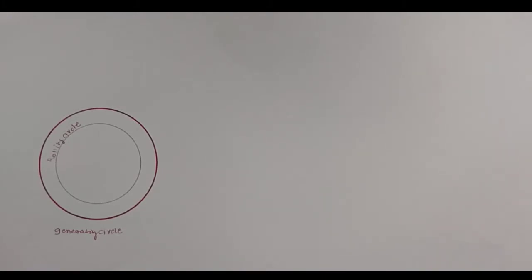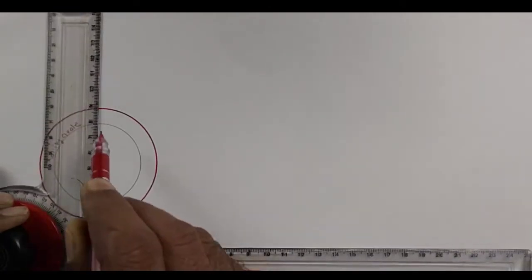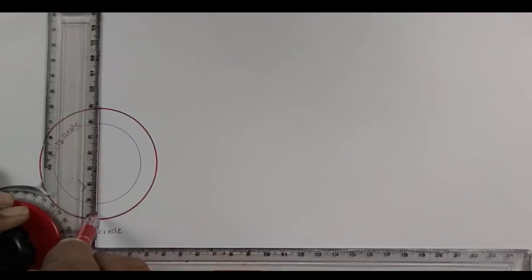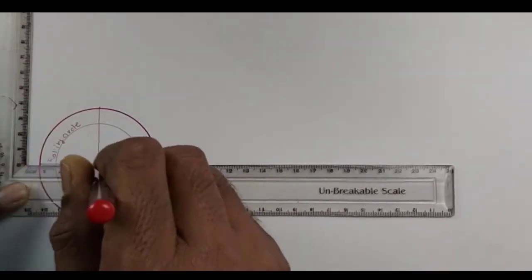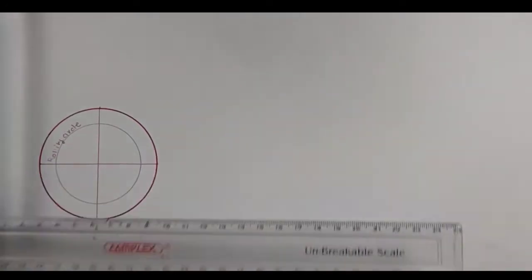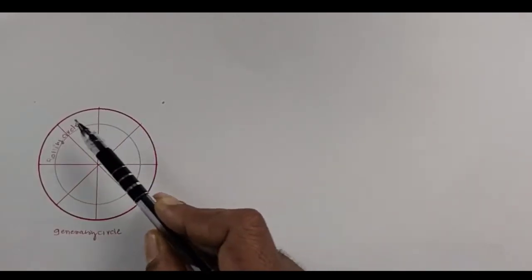So first we divide our circle into 8 divisions. Now here we divide our generating circle into 8 parts.